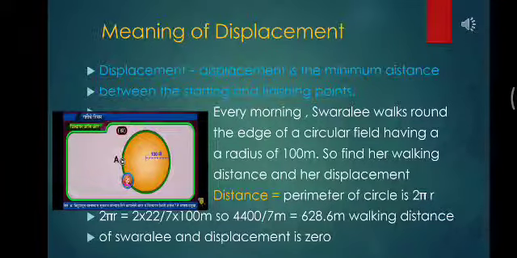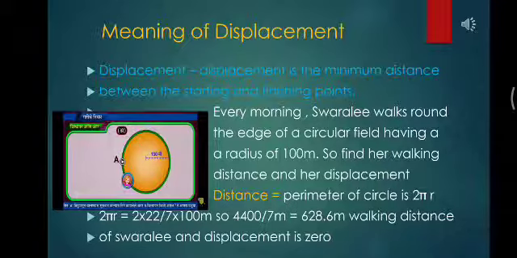Now, the meaning of displacement. Displacement means the minimum distance between the starting and finishing point. As shown in the following figure, every morning Swarali makes rounds along the edge of a circular field, which has a 100-meter radius. So find out the distance and displacement of Swarali. To find the walking distance of Swarali, we have to find the perimeter of that circular field.